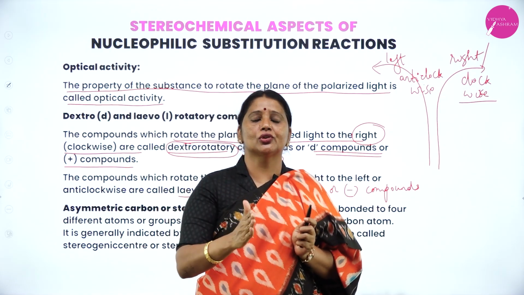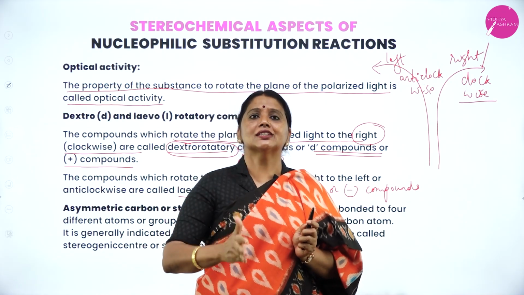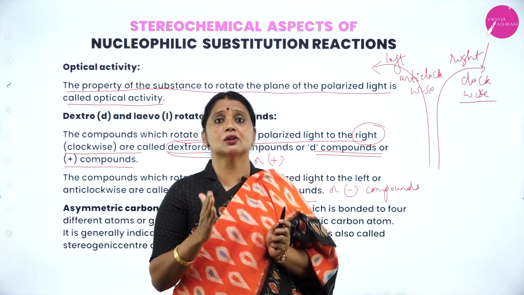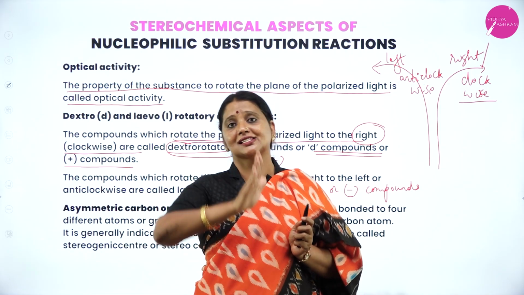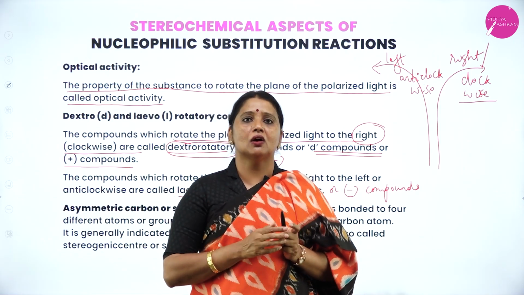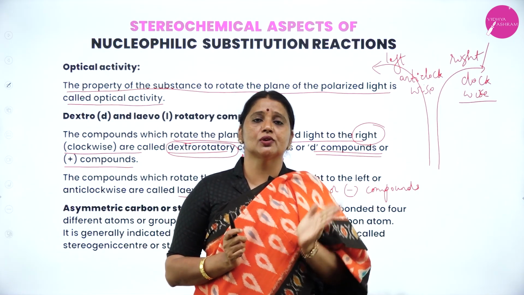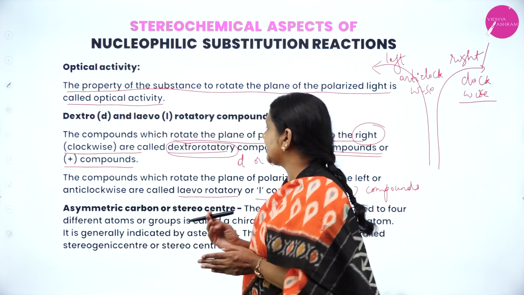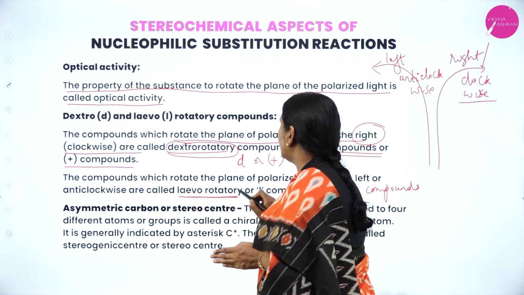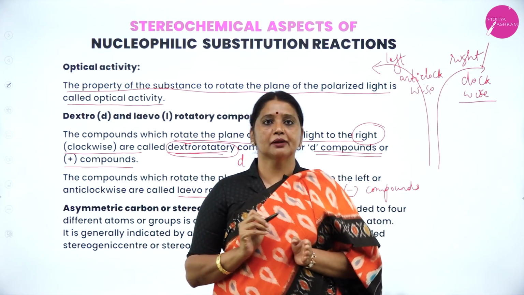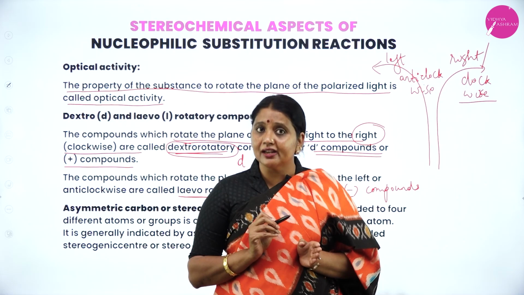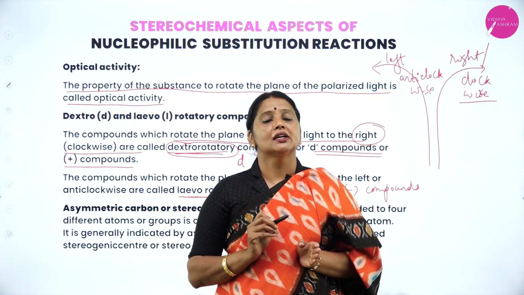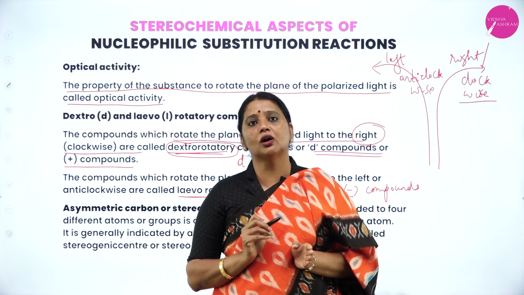Two types, dextrorotatory and levorotatory. Dextrorotatory compounds rotate the plane polarized light to the right or clockwise. The compounds which rotate it to the left or anti-clockwise are called as what? Levorotatory.